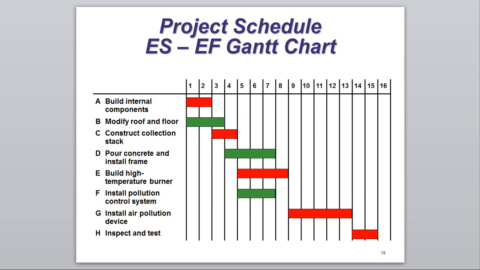The activity network with all four time attributes can be easily mapped to a project schedule, such as a Gantt chart. As you can see, each activity is listed in the first column, and from week 1 to week 16, for each activity you have the time duration from the early start time to the earliest finish time.